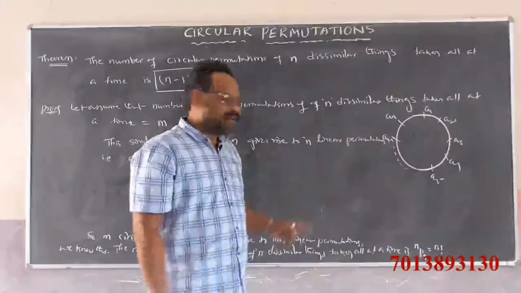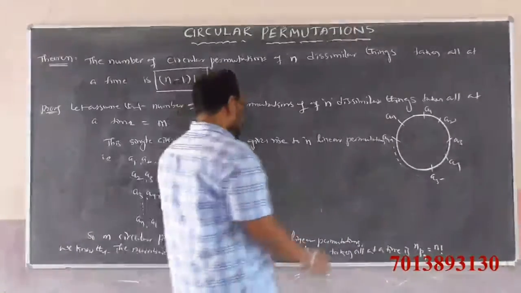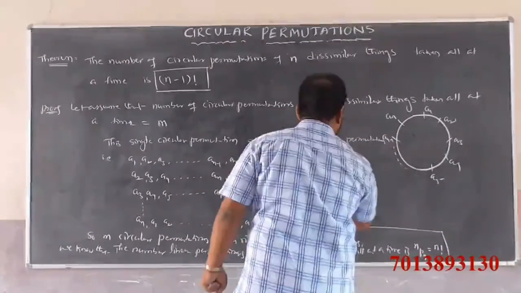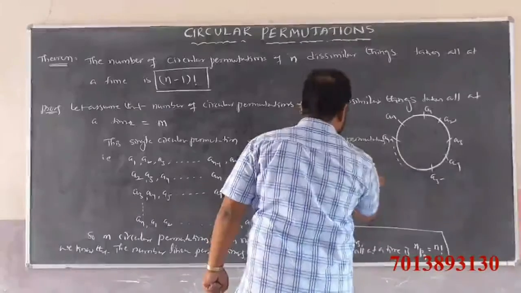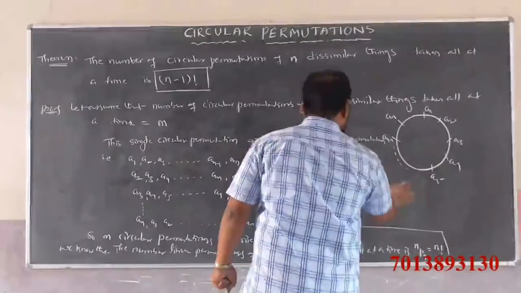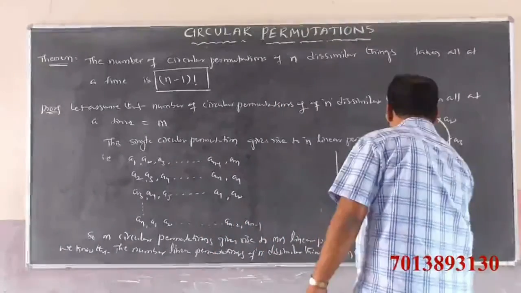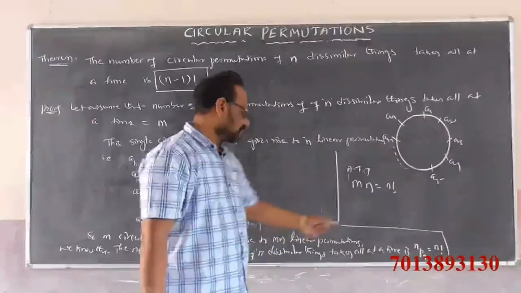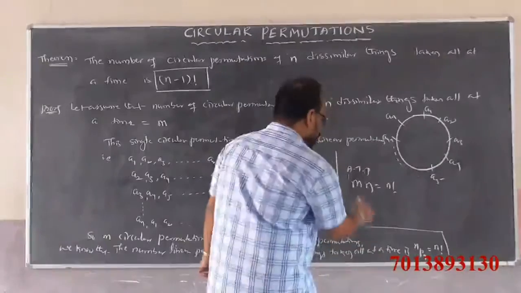So m into n linear permutations, according to the problem, gives rise to n factorial. We want m.